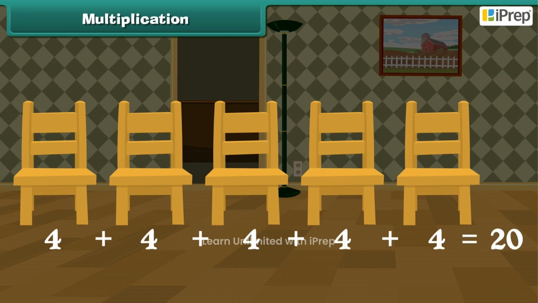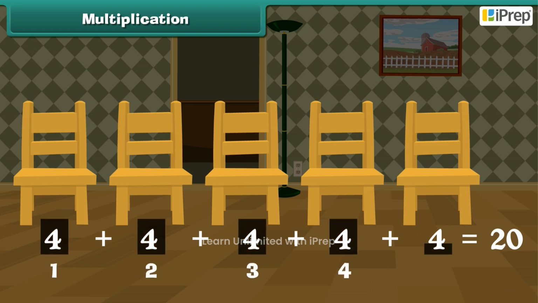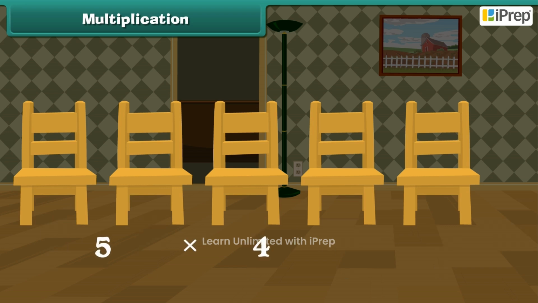In other words, 5 times 4 is 20. We can write it as 5 into 4 is equal to 20.